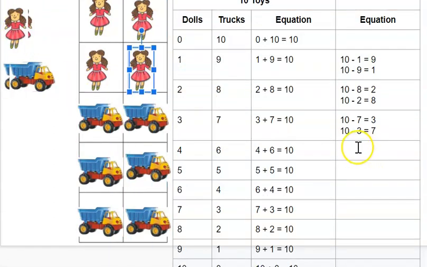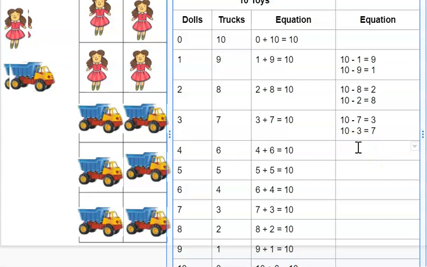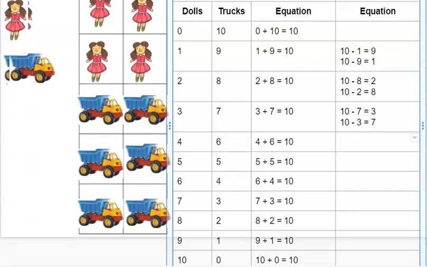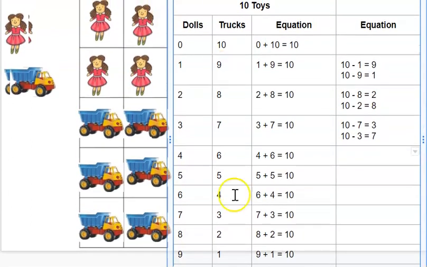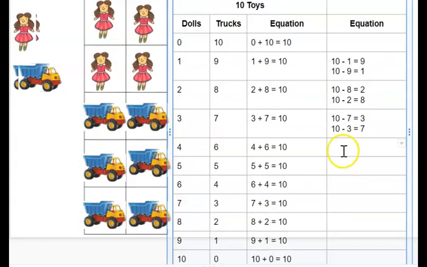Now, let's create one using our 4 and 6. So this time I had 4 and I had 6. So I know if I start off with 10, that's how many I had.